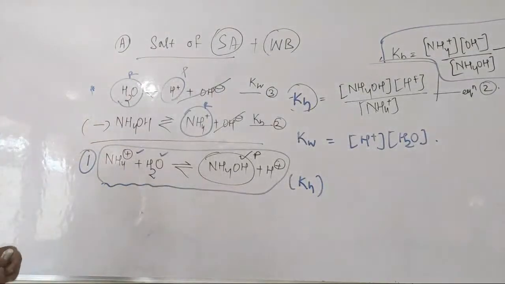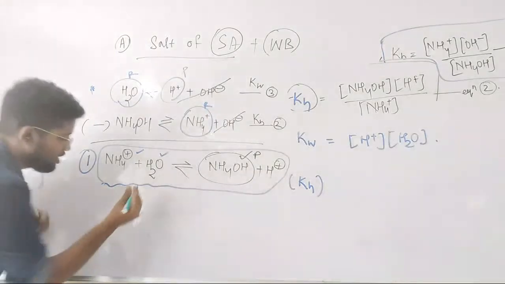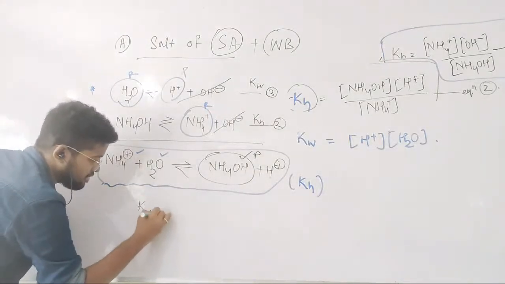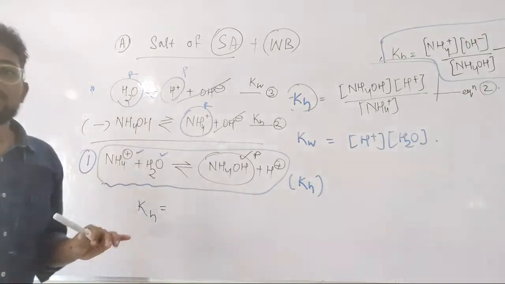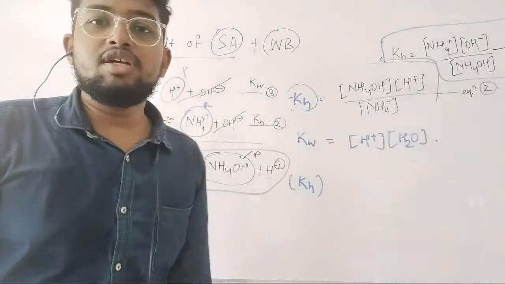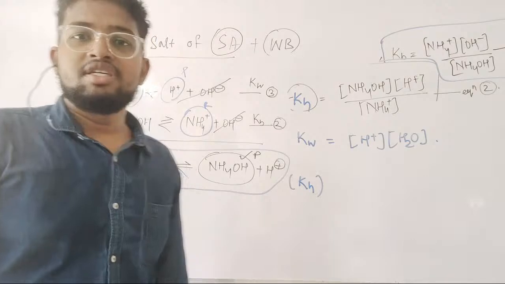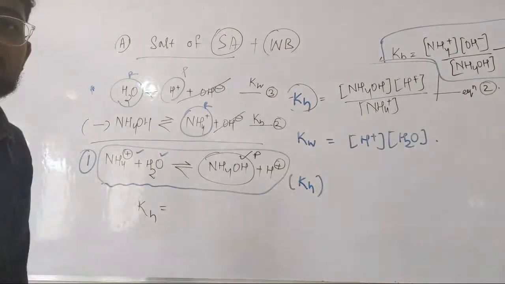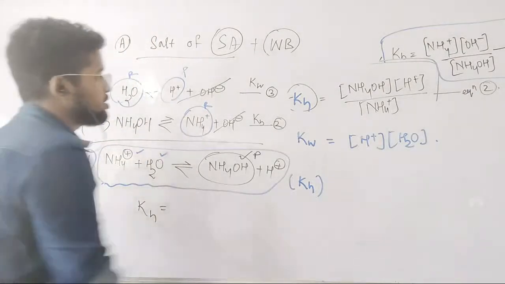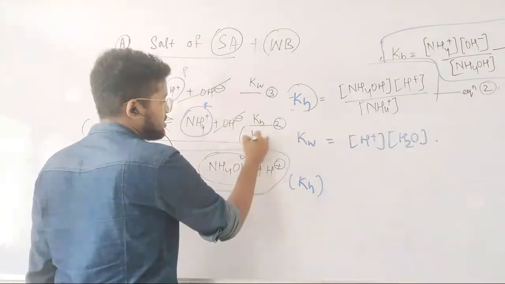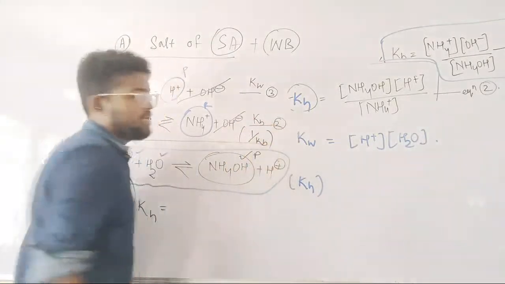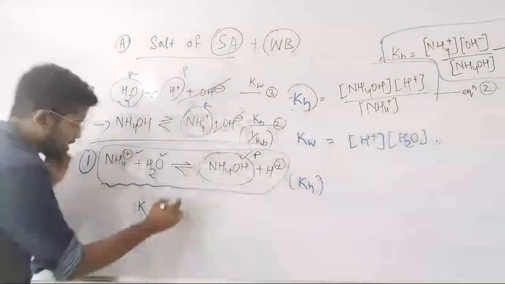Then what will be the value of KH? KH is the final equilibrium constant. Can you write down in the comment what will be the value of KH? The parent equilibrium constant is the multiplication of both the equilibrium constants. So here we are reversing the Kb, right? It will be 1 by Kb and initially it was Kw.